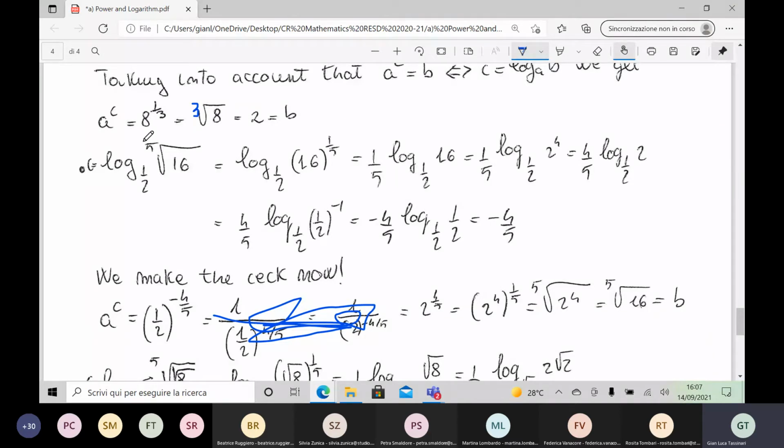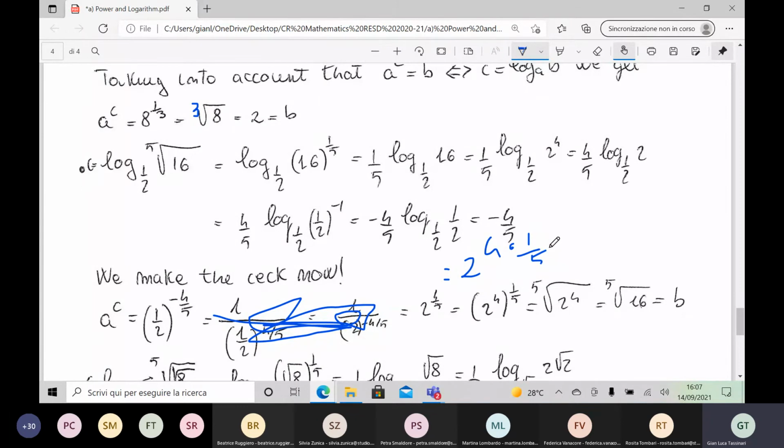Well, you can look at 4 over 5 as the product between 4 and 1 over 5. So if you want, you can add a step. You can write 2 raised to the power 4 times 1 over 5. But remember that a power of a power is a power with the same basis and as exponent the product of the exponents.